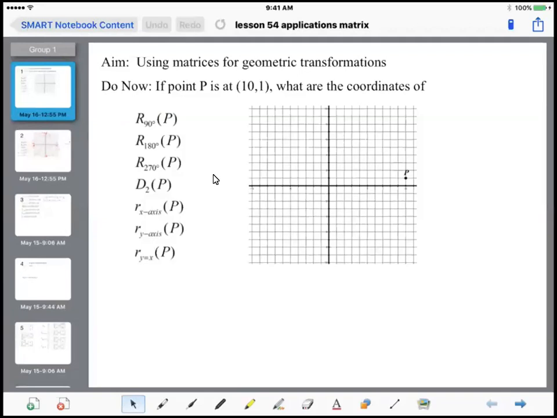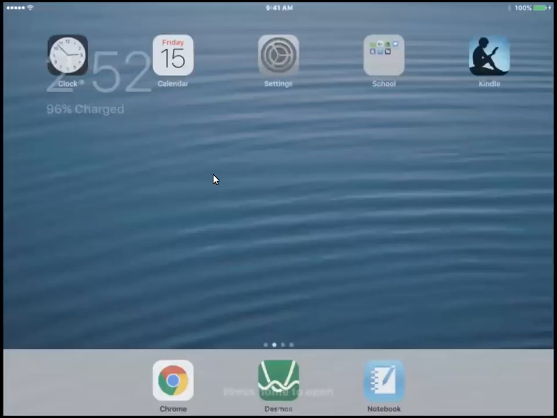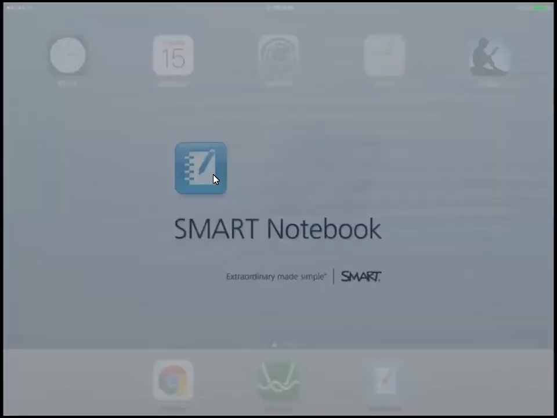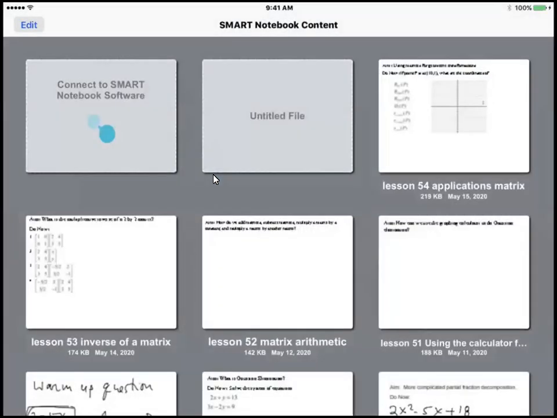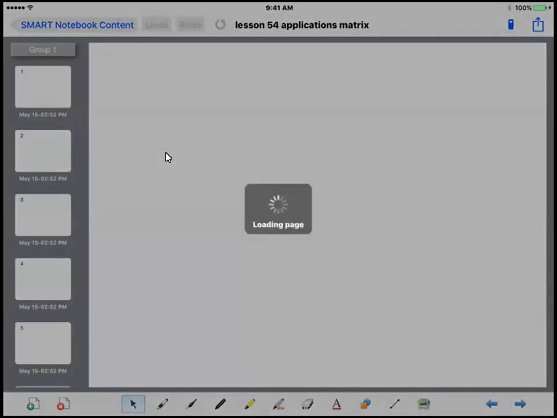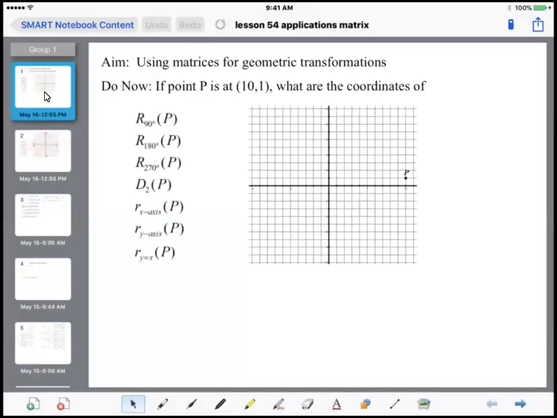I have on the screen some transformation questions. Here I've got point P located at (10, 1).